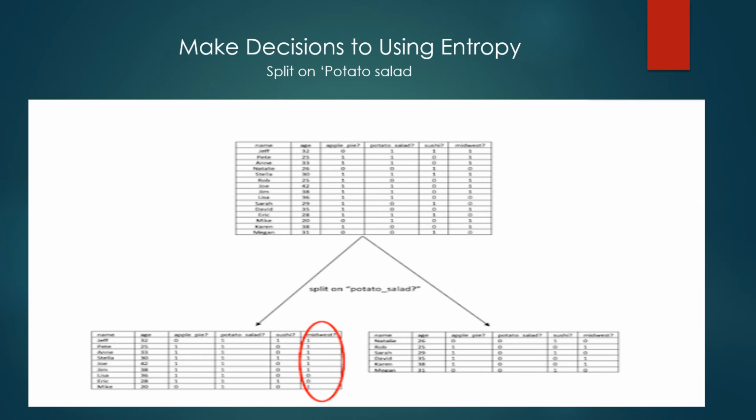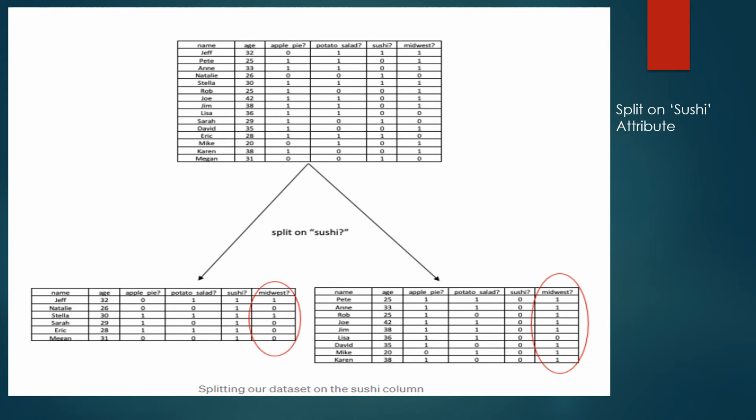For instance, let's look at the entropy of the Midwest column after we have split our data set on the potato salad column. Above, our data set is split in two sections. On the left side, everyone who likes potato salad. On the right side, everyone who doesn't. We will focus on the left side, which now has 7 people from the Midwest and 2 people who are not. Here is a split on the sushi attribute.